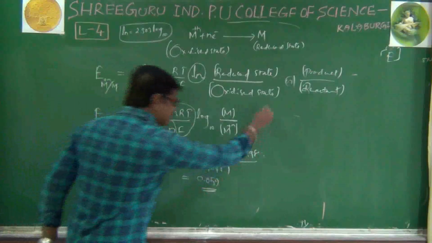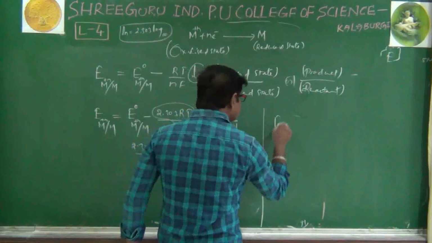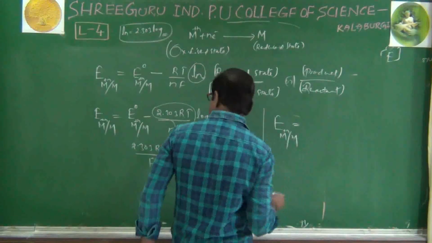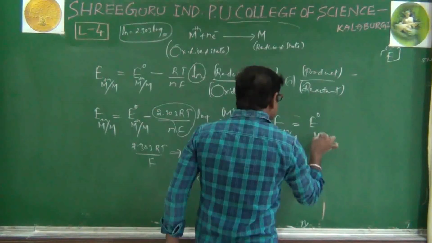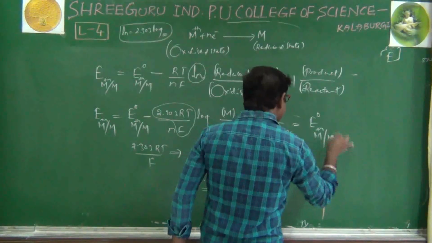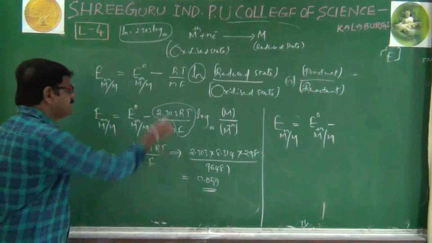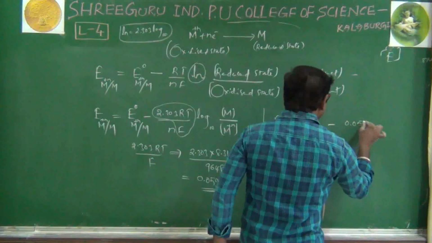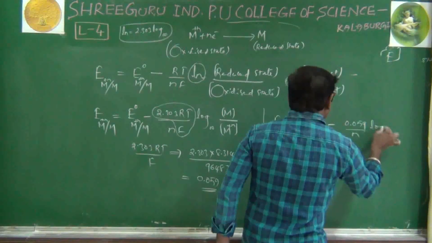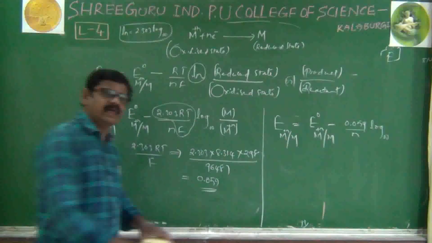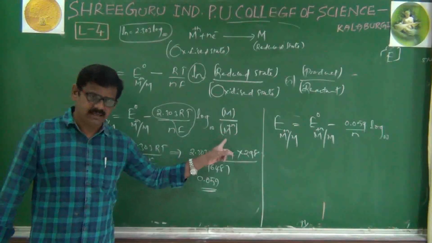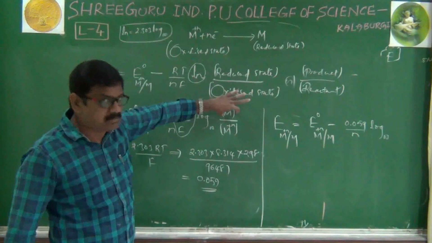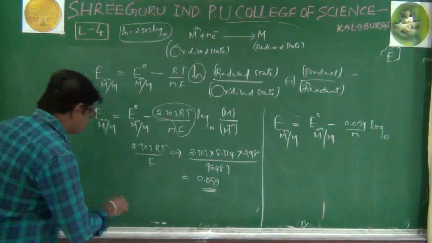We get the Nernst final equation for single electrode potential: E M plus N oblique M is equal to E naught M plus N oblique M minus 0.059 by N log base 10 of M by the metal ion concentration. But the thing is, the metal being a solid, its molar concentration is 1 unit.